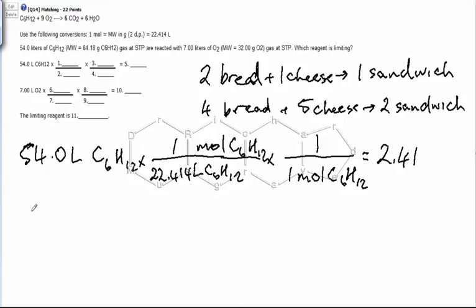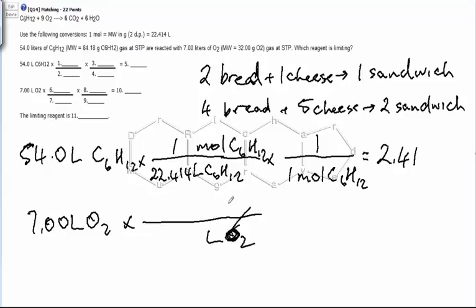Now down here we'll start off with the oxygen. We've got 7.00 liters of O2 times, and then a line. We'll have liters of O2 on the bottom. We'll have moles of O2 on top. That's what we're looking for.